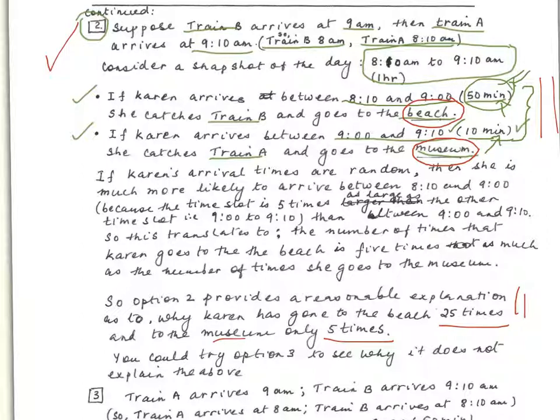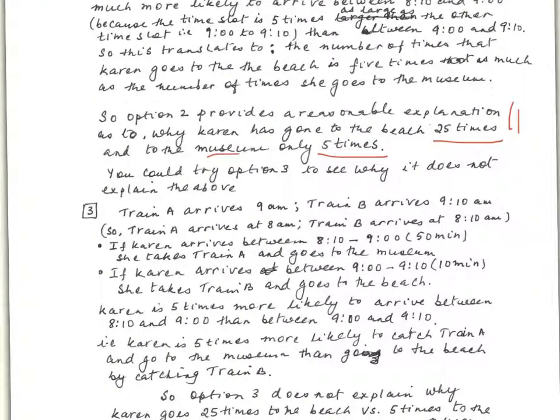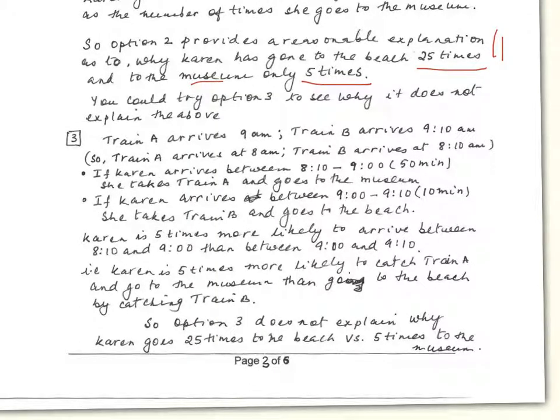However, you can go over the next option, which is very similar to the one that we just went over. In the third option, train A arrives at 9 a.m. and train B arrives 10 minutes later.